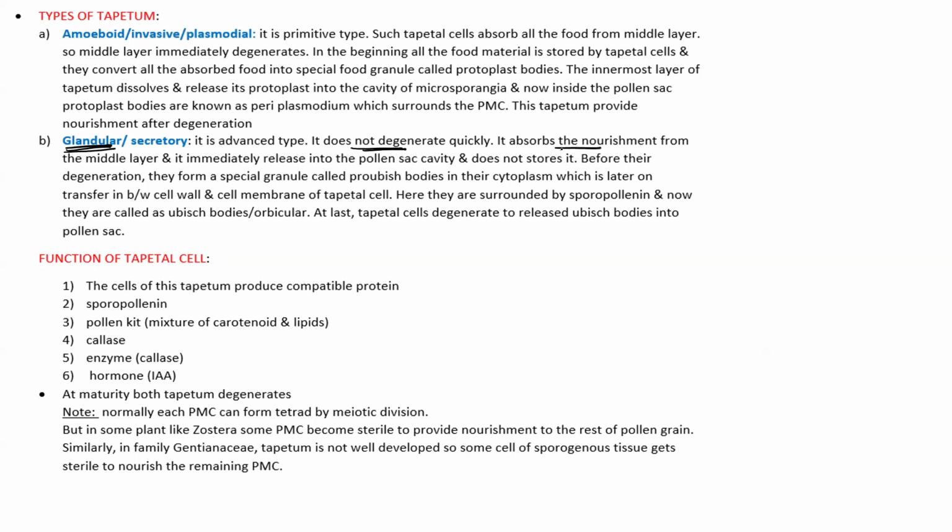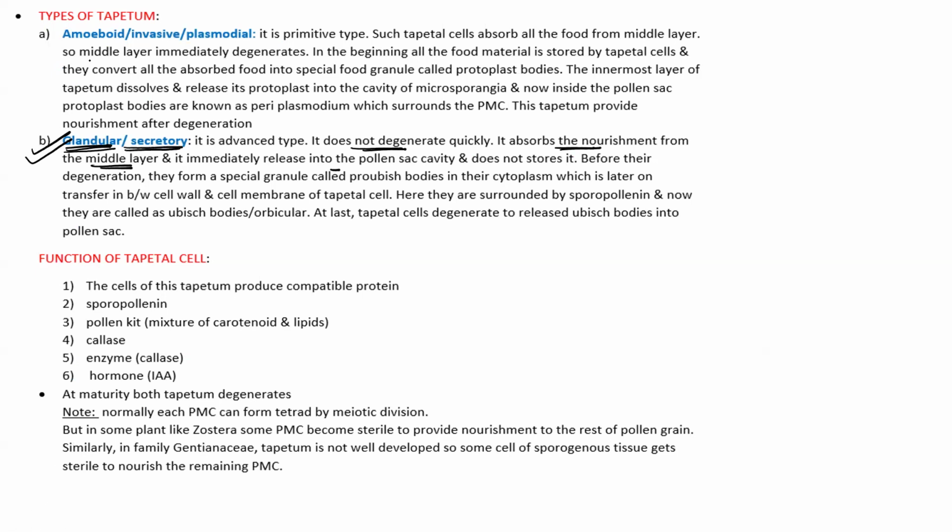It will absorb the nourishment from the middle layer and release it around the pollen grains which are going for maturity. So it releases the nourishment after absorbing it from the middle layer into the area where the sporogenous tissue is making the pollen tetrad. This works like a gland, so obviously it is intact and does the secretion, so we say it is the secretory type of tapetum.